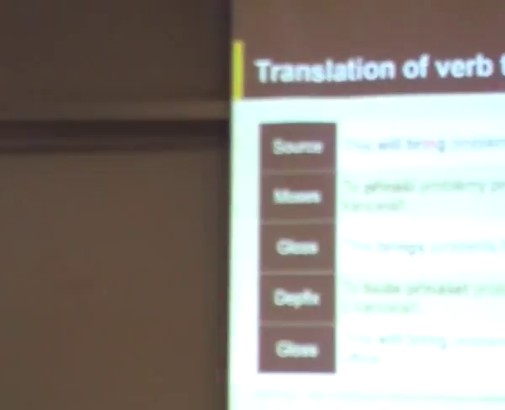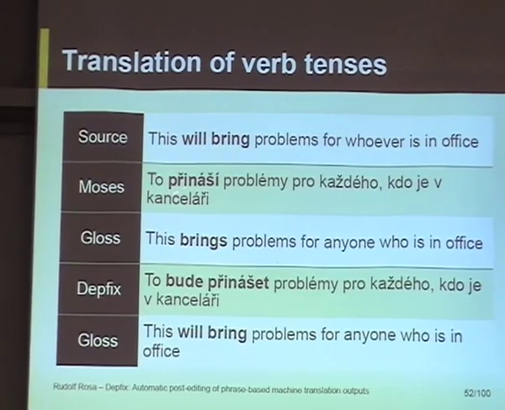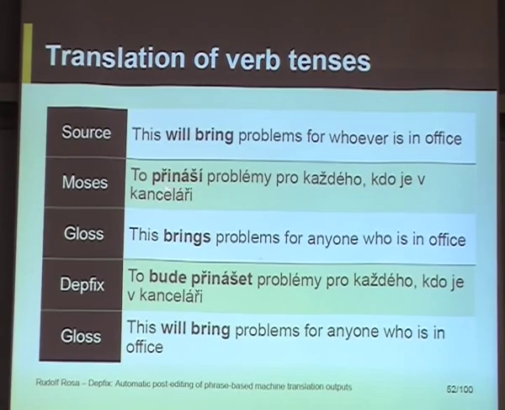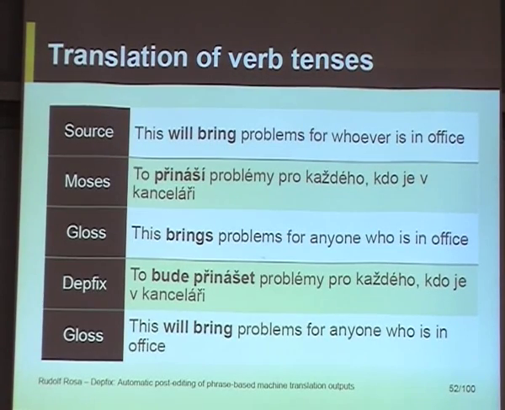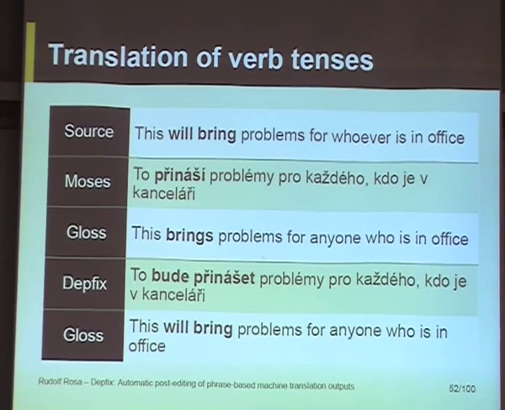We look at the English verb tense and the Czech verb tense. For example, here we can see this is future, but this is present, so that's probably not correct. It's hard to do that really reliably, because the way we use tenses in Czech is a bit different than the way we use tenses in English.